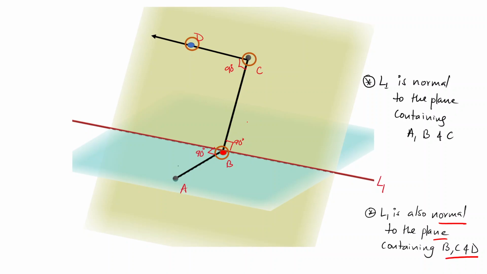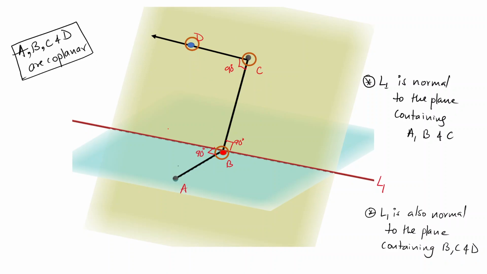So you see the ABC plane and the BCD plane have a common normal, which means that ABCD are now coplanar. Okay, so far so good.